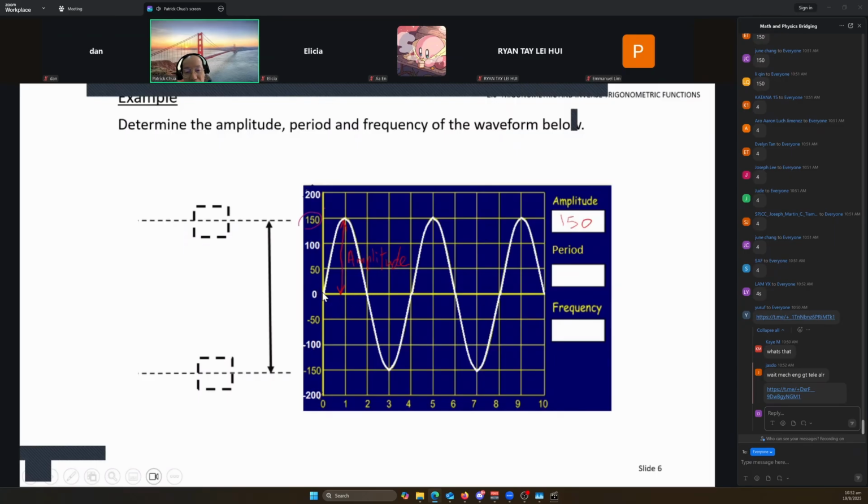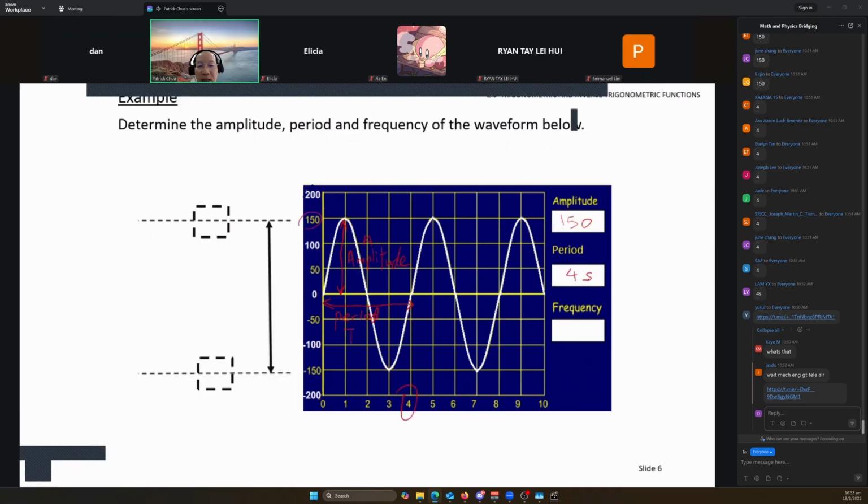So it reaches here, it completes one cycle, then it restarts again. The time for one cycle is called the period. So from there to here is a period T. So amplitude A. So period is 4 seconds.